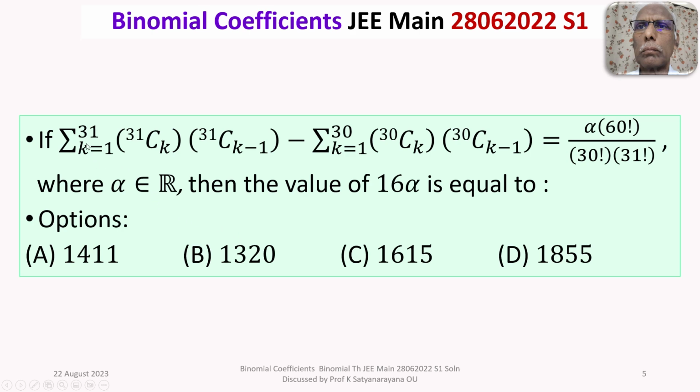So we are given sigma k equals 1 to 31 of 31Ck multiplied by 31Ck-1, minus sigma k equals 1 to 30 of 30Ck into 30Ck-1, is equal to alpha times 60 factorial in the numerator by 30 factorial into 31 factorial in the denominator, where alpha is a real number, and we are required to find the value of 16 alpha.